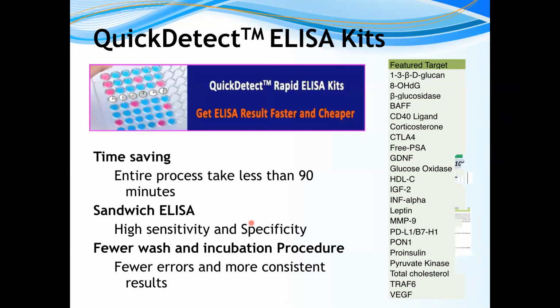These kits are highly optimized. The capture, the detection process, the incubation time, the washing steps, the blocking steps, everything is optimized to shorten the incubation time, or so that several steps can happen simultaneously, so the entire ELISA can be completed in a shorter time, in just 90 minutes.